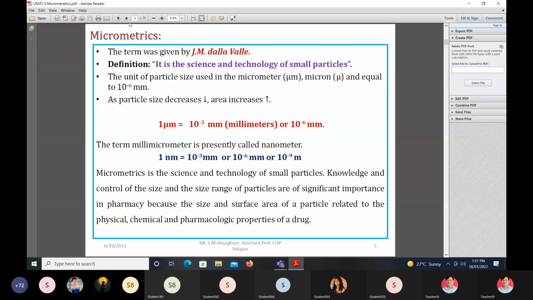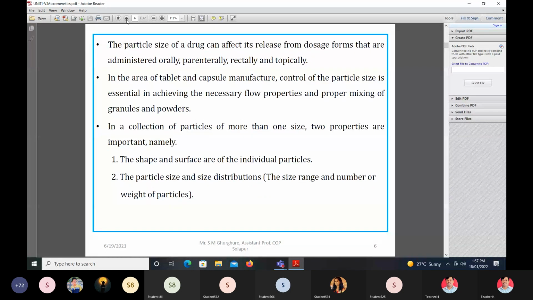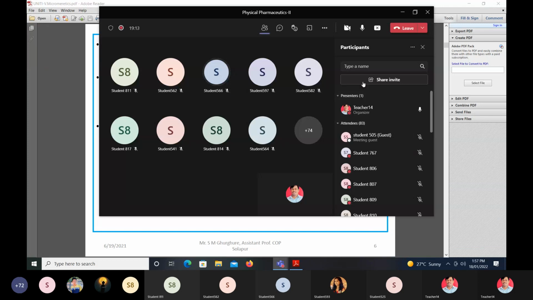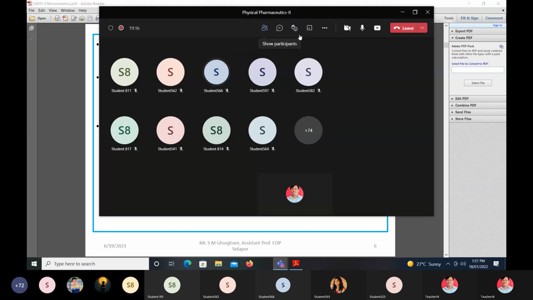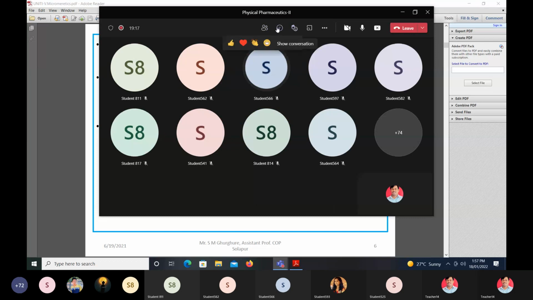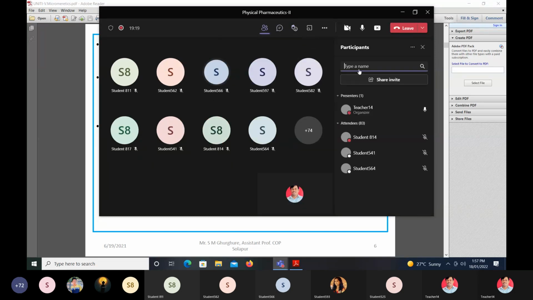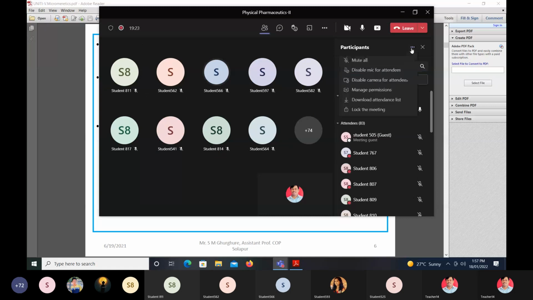All the physicochemical and pharmacological properties of the drug molecule depend on the size and size range of the particles. This size range plays an important role in the formulation of drug molecules, and also in drug development stages.